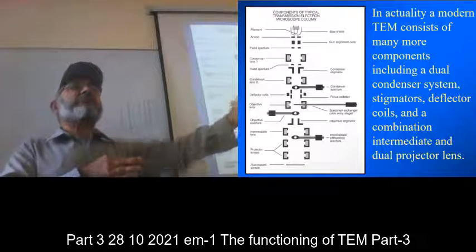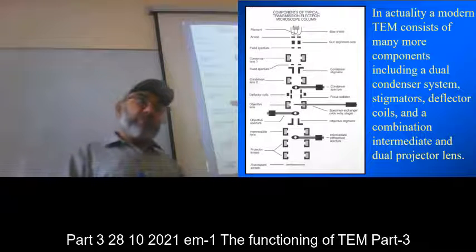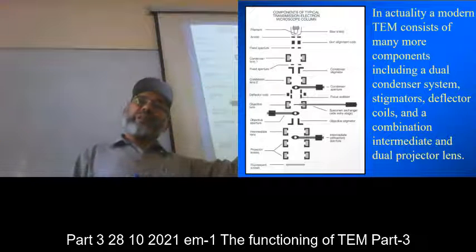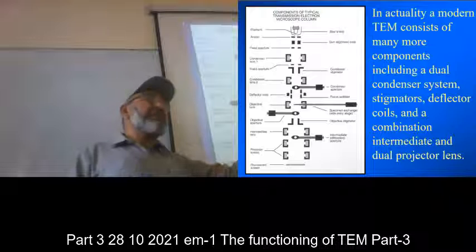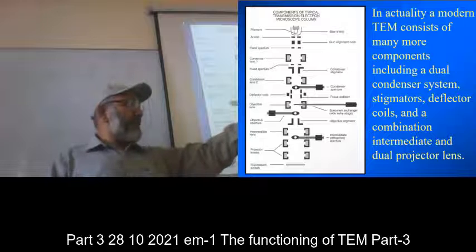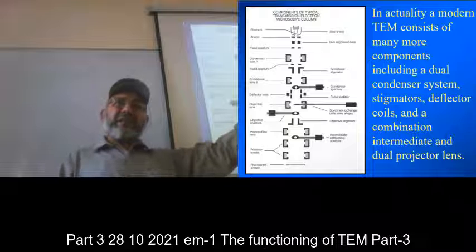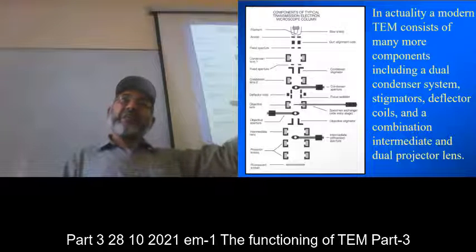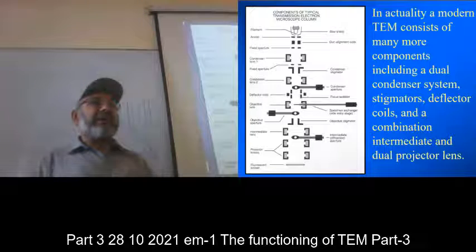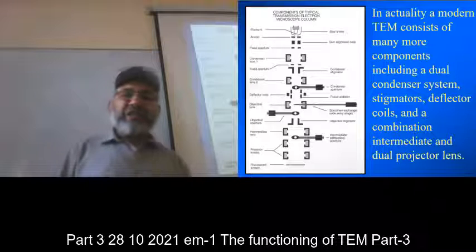When you are talking of very high resolution microscopy, perfect focus doesn't give you the most convenient resolution of fine features. For that you defocus: if the focal point is here, you slightly take it to one side or the other so that fringes appear at the edges, and that is called phase contrast microscopy, where fine features are resolved.